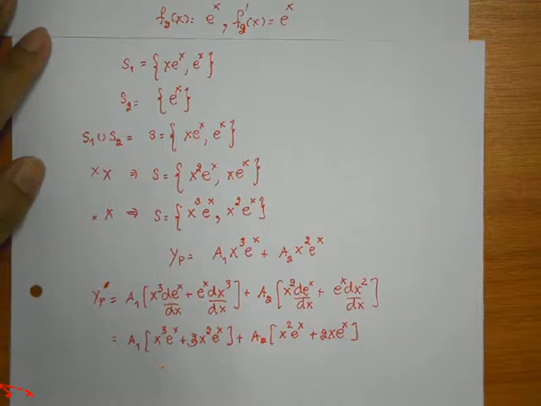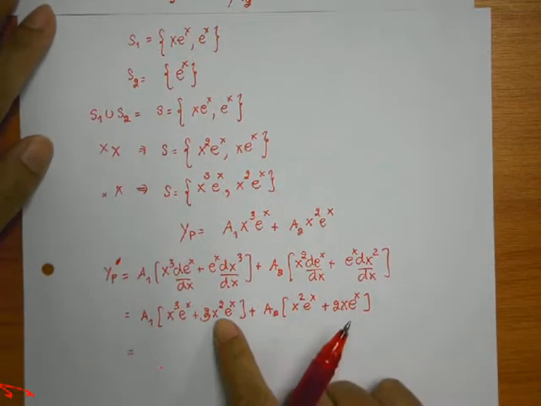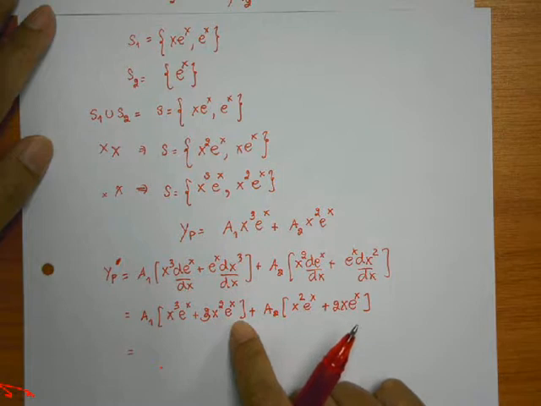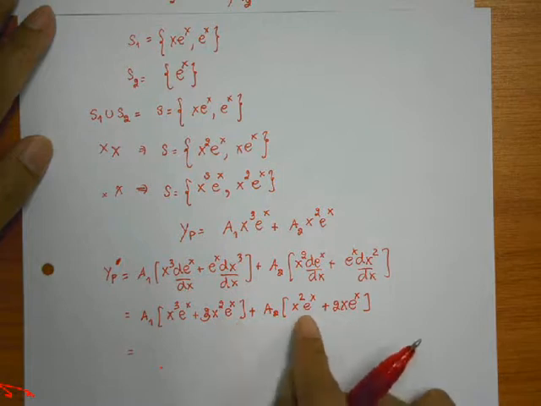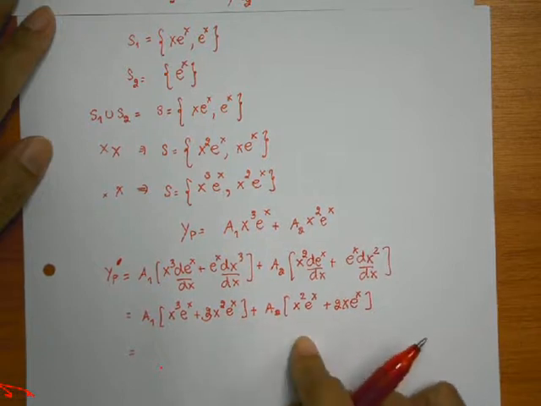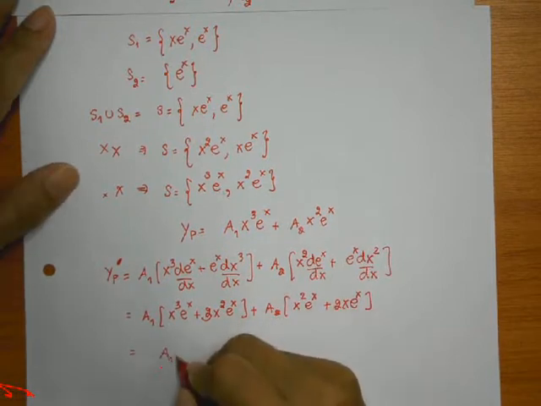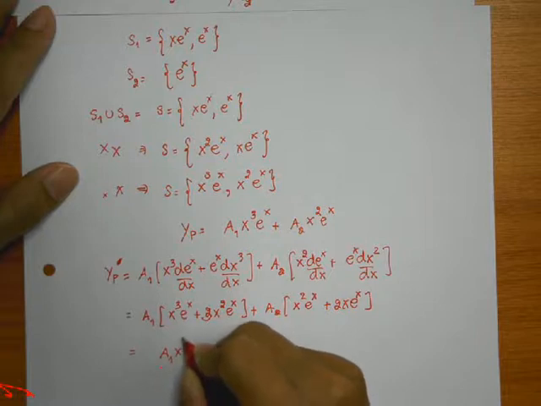I just rearrange this term again because I see x squared and x times exponential of x for both terms here. I want to put them together. That makes the next derivative easier.